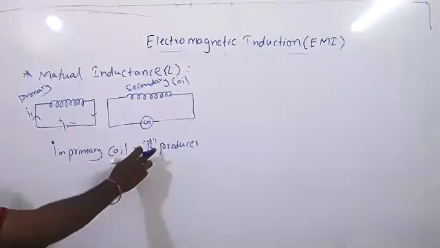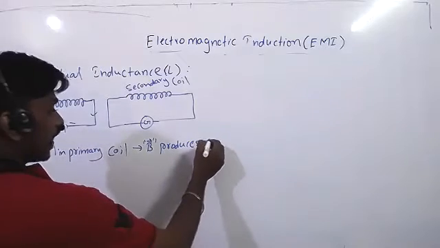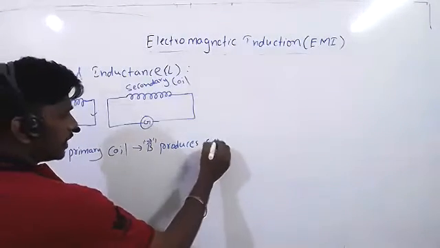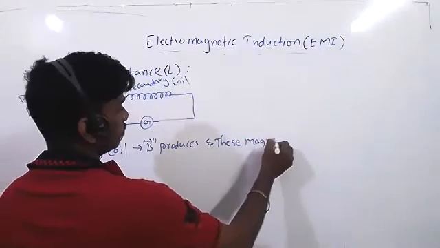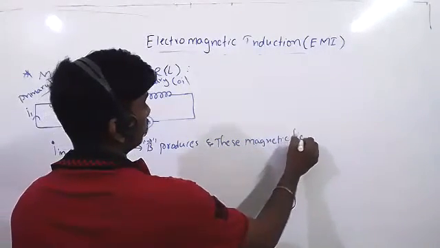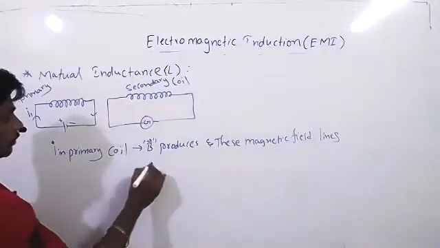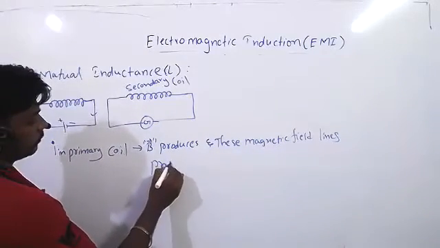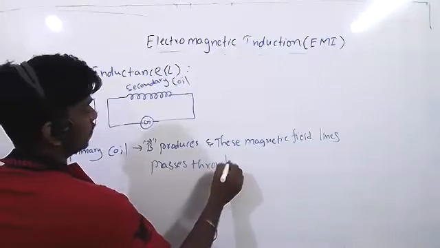So a magnetic field is produced here, and these magnetic field lines pass through the secondary coil.